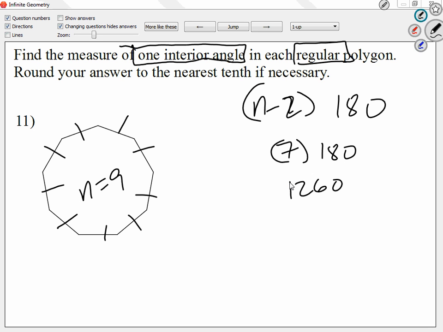I know they're all the same size, and I want to know how much is one of them. So we're going to go 1260 divided by 9. Find out how much they all add up to, and then divide it by how many you have. In this case, it gives us 140.